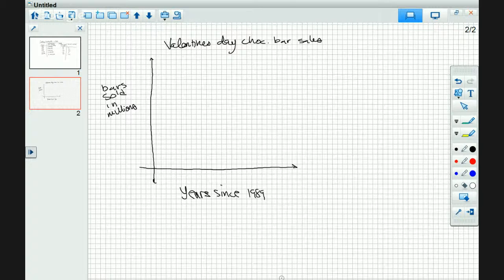And the nice thing now, all we have to do is go from 0 to 20 years there on our coded data.